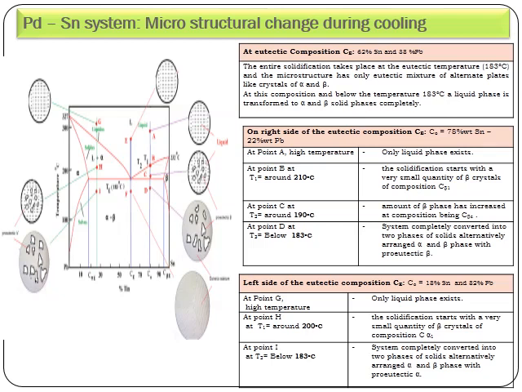As the temperature is reduced further, when we reach 183 degrees Celsius, the remaining liquid phase present in the system will transform into a eutectic structure. Reminding you, eutectic structure is nothing but alternate layered alpha and beta solid phases.